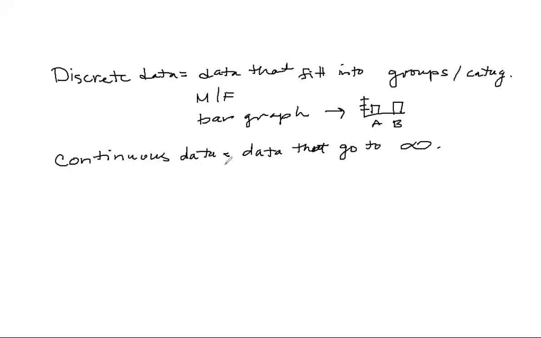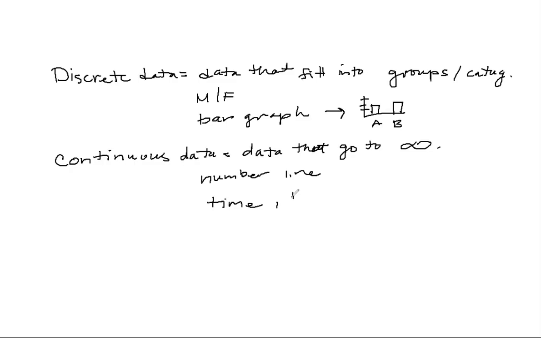Continuous data are data that go on to infinity. So this would be any type of number line. A big one would be time, right? So anything versus time is going to be continuous data.